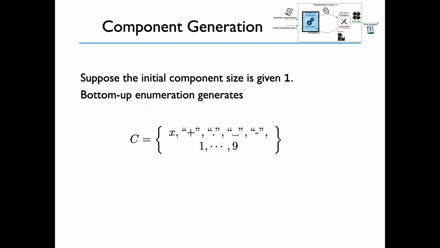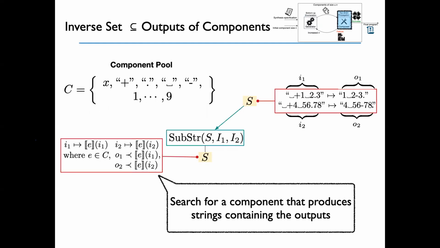We describe our algorithm in more detail. We first generate component expressions of a certain size. Suppose the initial component size is given as 1. Then the generator would generate the following set C of size 1 expressions. Next, we perform top-down propagation with the components.